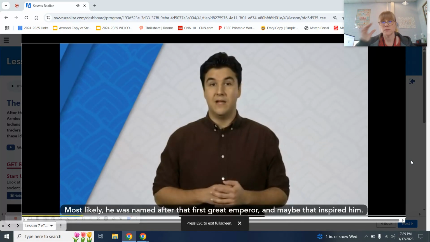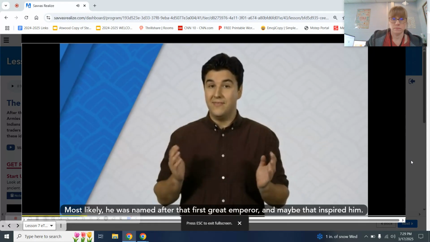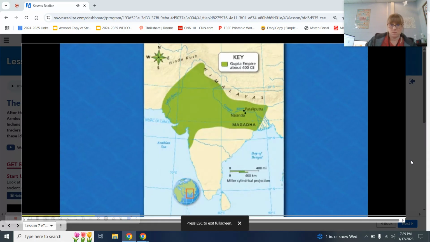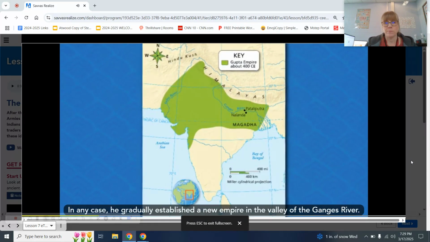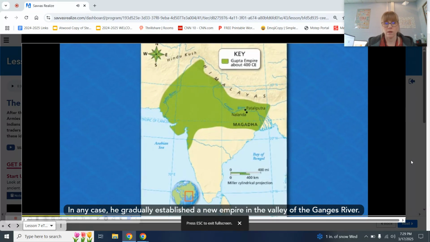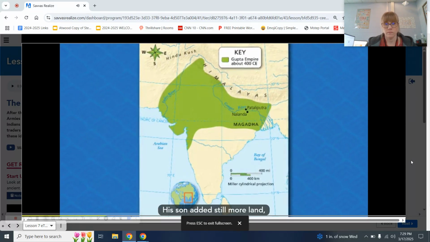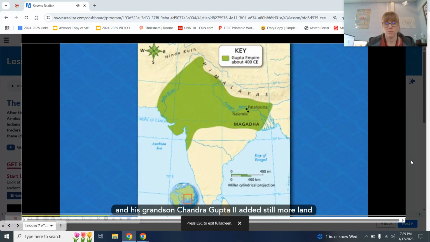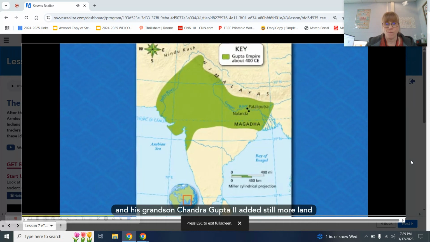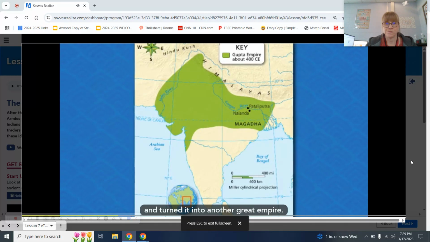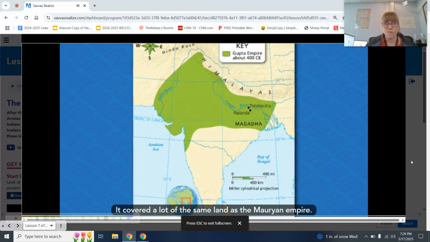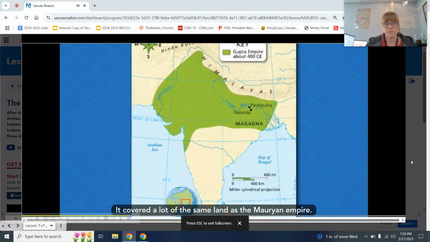Most likely he was named after that first great emperor, and maybe that inspired him. In any case, he gradually established the new empire in the valley of the Ganges River. His son added still more land, and his grandson Chandragupta II added still more land and turned it into another great empire.